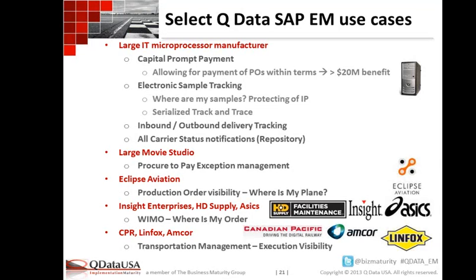They did a project, what they termed capital prompt payment, which basically tracked their purchase order, procure to pay type process. When they procured a product that had to come across the ocean, they would have net 30-day terms, but their traditional process was we had to receive the goods prior to releasing the purchase order for payment or the invoice for payment, and typically the product would not arrive within that 30-day period, so they were missing out on their terms.